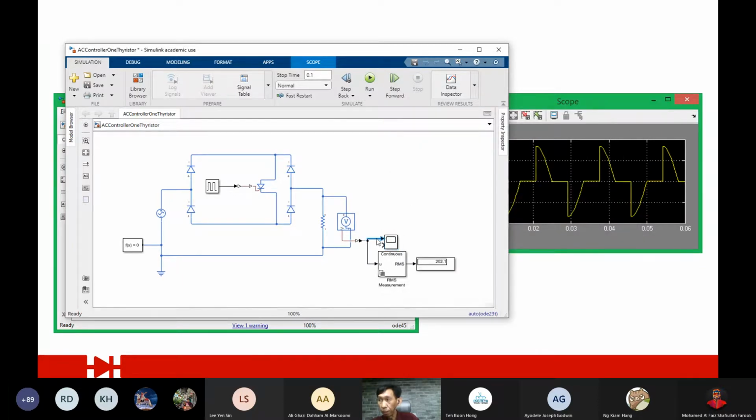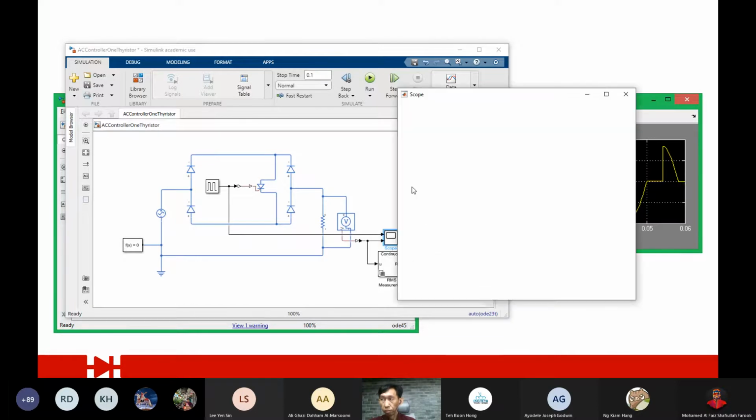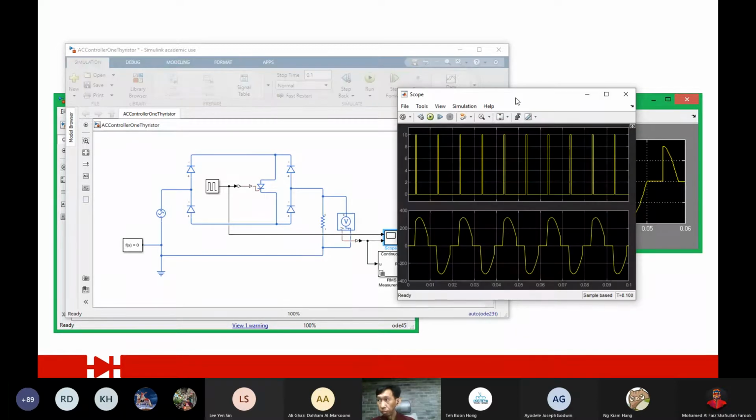Then maybe the top one here, and then you run. Then you can see it should cut at the angle.